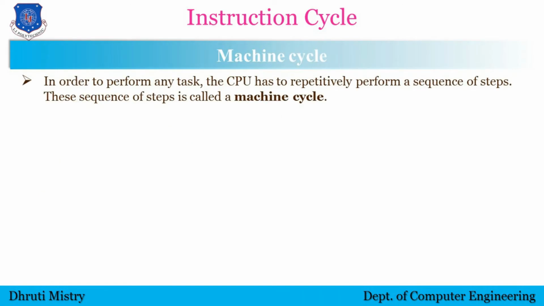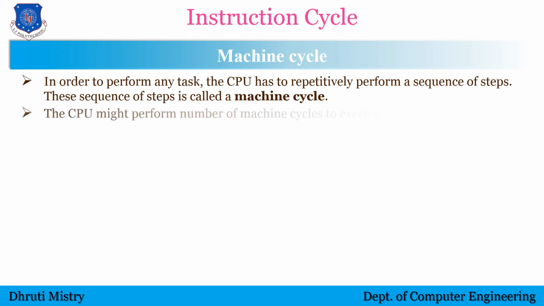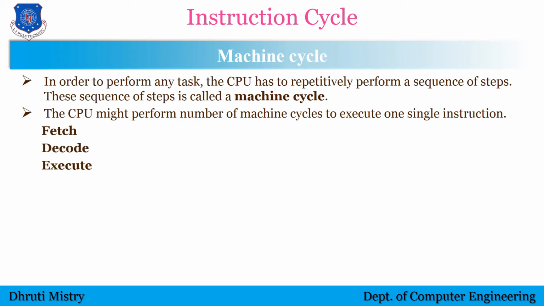In order to perform any task, the CPU has to repetitively perform a sequence of steps. This sequence of steps is called a machine cycle. The machine cycle is a part of the instruction cycle. The CPU might perform a number of machine cycles to execute one single instruction, meaning to complete fetch, decode, and execute operations.